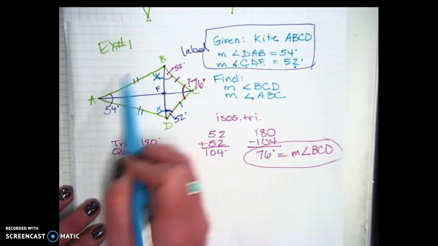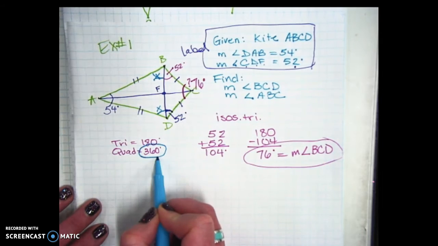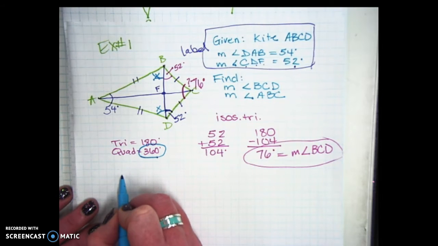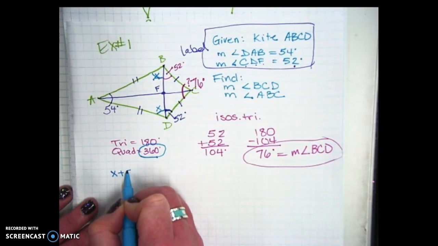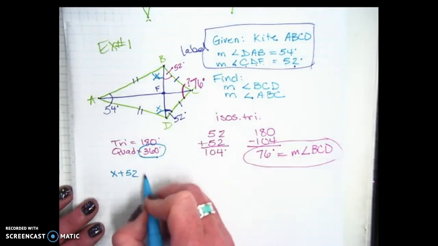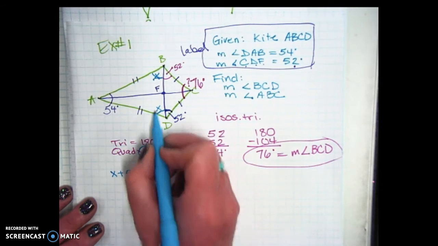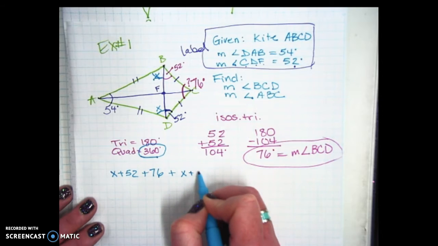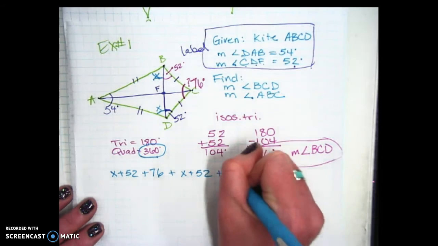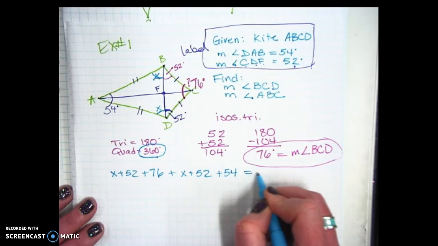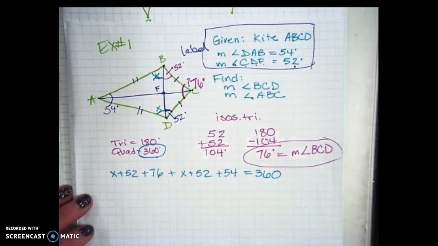And the quadrilateral, the whole figure, is equal to how many degrees? 360. So we're going to say, let's start with this angle right here, the X plus 52 plus the 76 that we just found plus another X plus 52 plus the 54 that we were given should be equal to a total in a quadrilateral of 360 degrees.